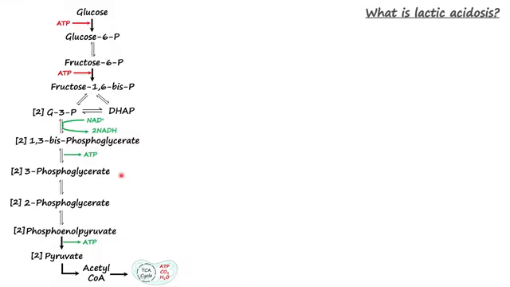And also remember that during aerobic condition, NADH, which is generated through this reaction, is reoxidized into NAD plus through the respiratory chain within the mitochondria. And this NAD plus, which is reobtained, can subsequently be used for the glycolysis pathway to continue.